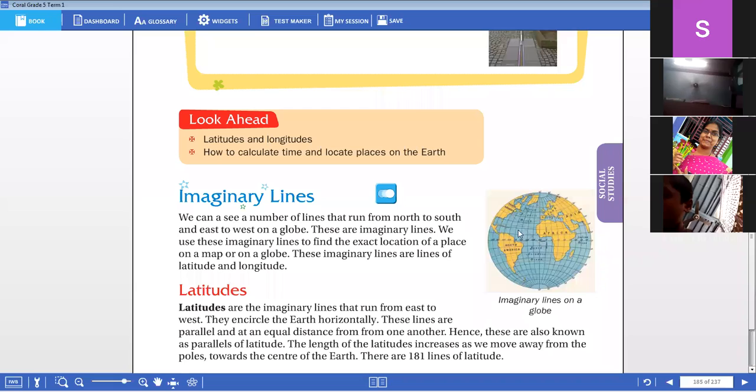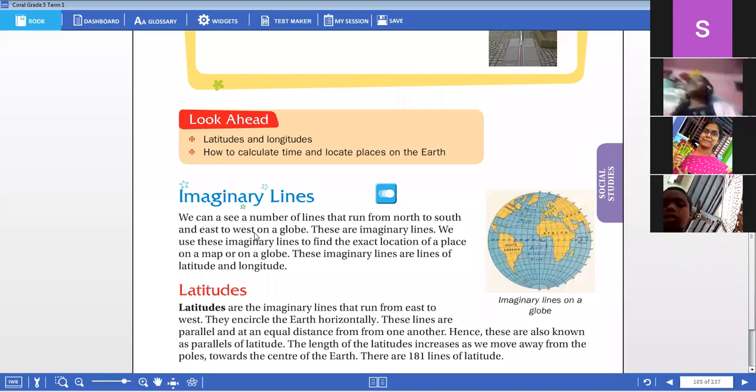Here, where is the North Pole, children? The topmost of the earth is the North Pole and the bottommost is called the South Pole. From North Pole to South Pole, they are vertical. Vertical means they are straight lines.